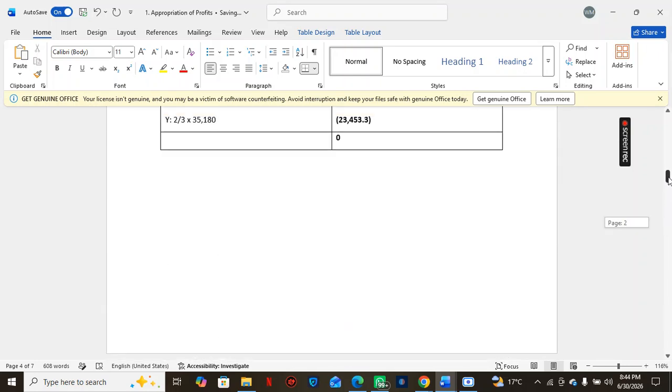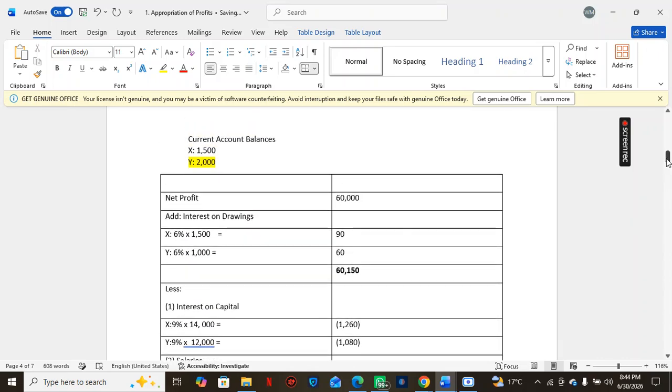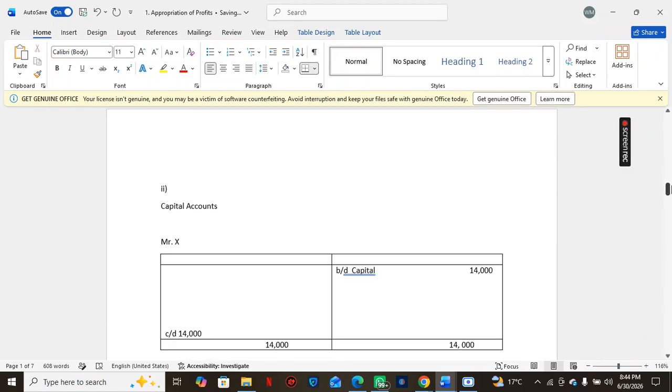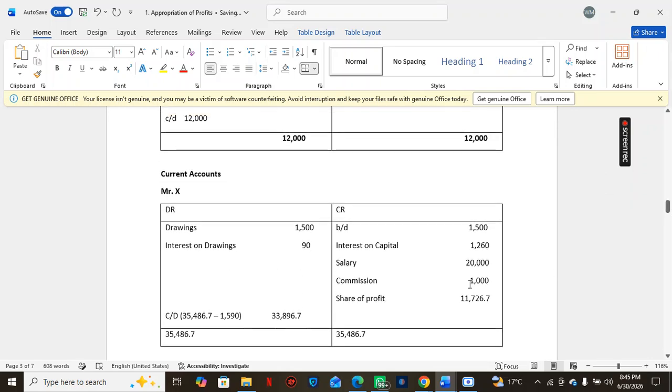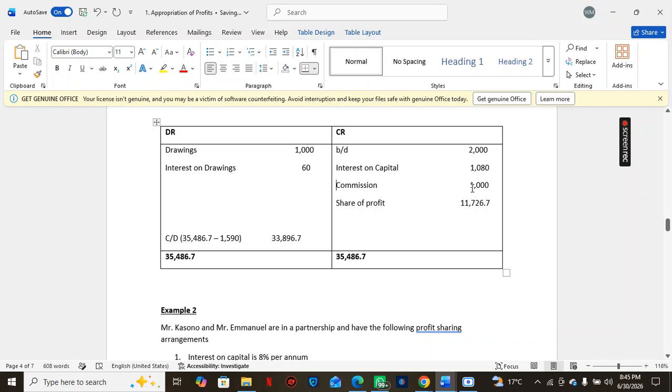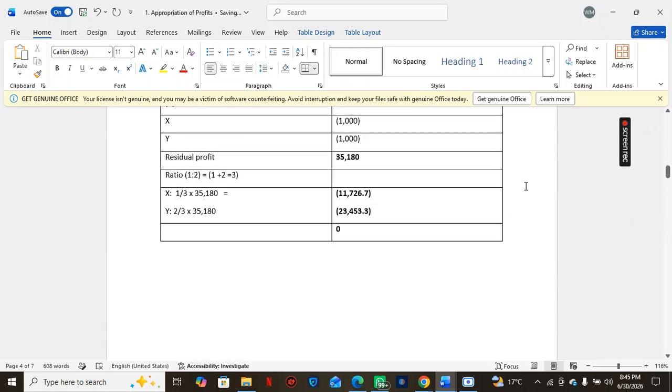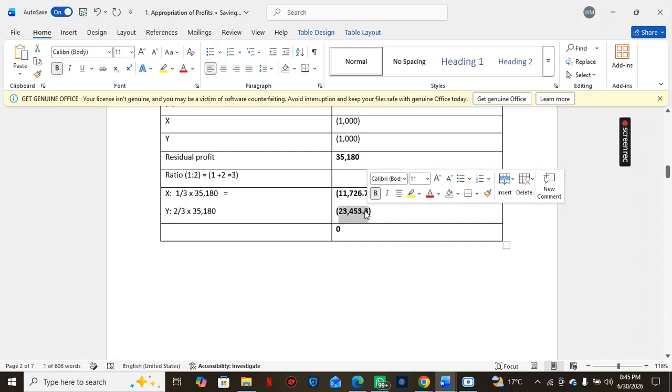Commission: Mr. Y's commission, according to the question, was 1,000. Oh, yes. Commission 1,000. Then the share of the profit. So for Mr. Y, his share of the profit was 23,453.3.